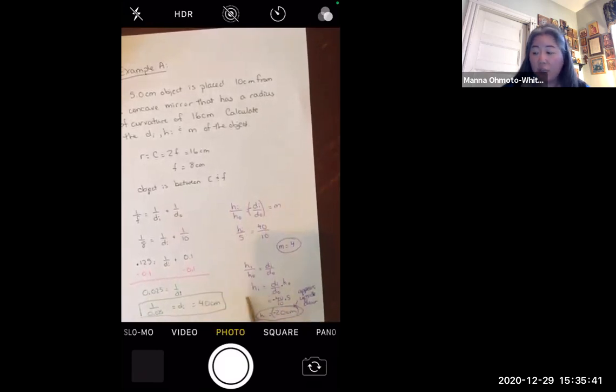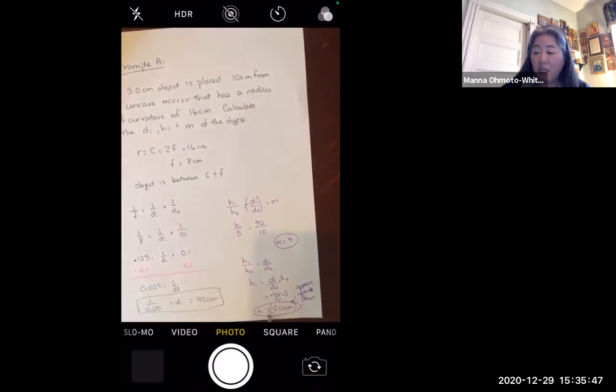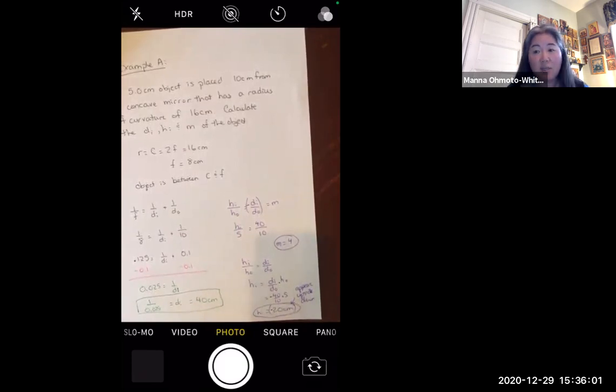So hi is equal to di over do times ho. Then I plug my values in and add my units. And I get that my image height, because this is negative here, is negative 20 centimeters, which means that it appears to be upside down. So remember, as a check, one of your values, either di or hi, has to be negative. So it's either in virtual space and upright, or it's in real space and it's inverted.